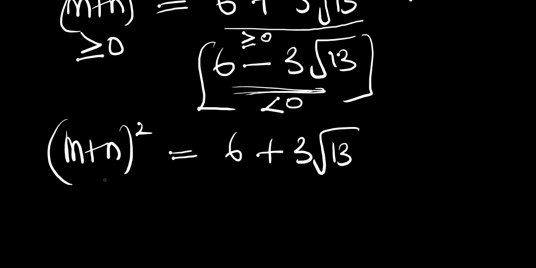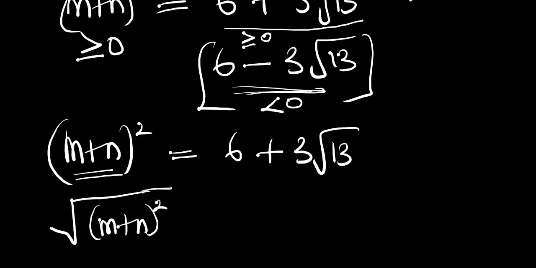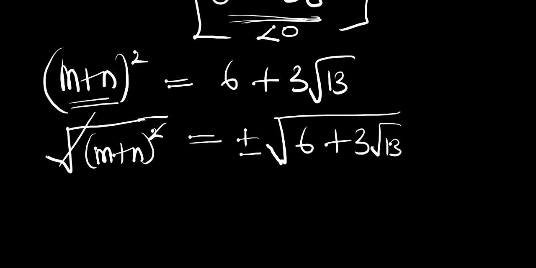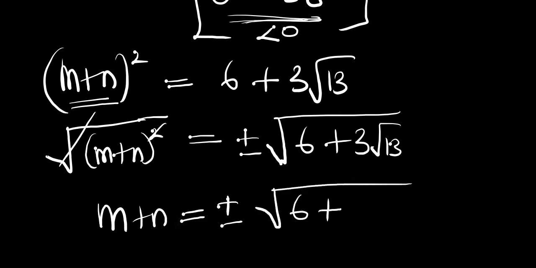At this point we can solve for the value of m plus n by taking the square root of both sides of this equation. We have the square root of (m plus n) all power 2 equals plus or minus the square root of 6 plus 3 root 13. The square root cancels the square, so m plus n equals plus or minus the square root of 6 plus 3 root 13.